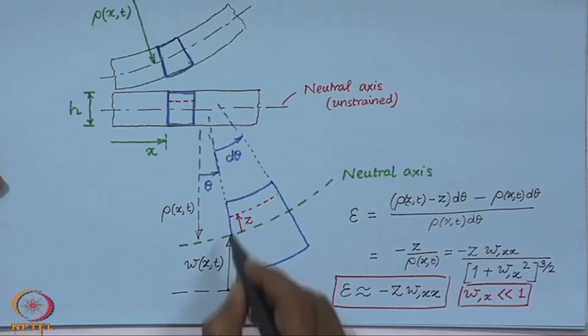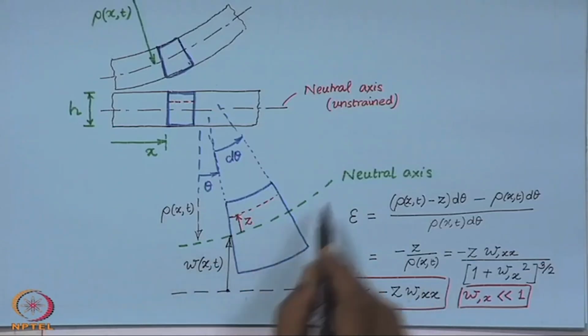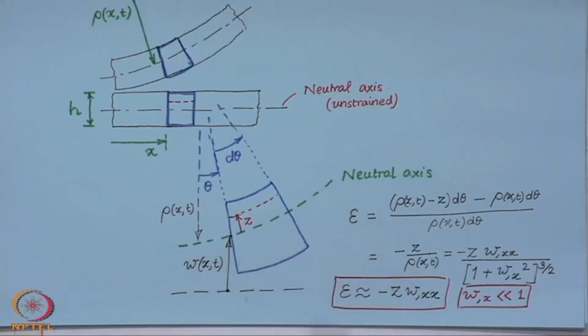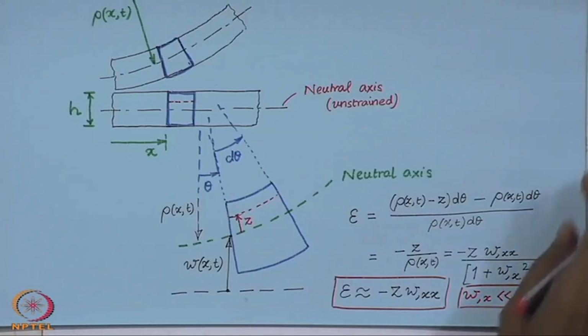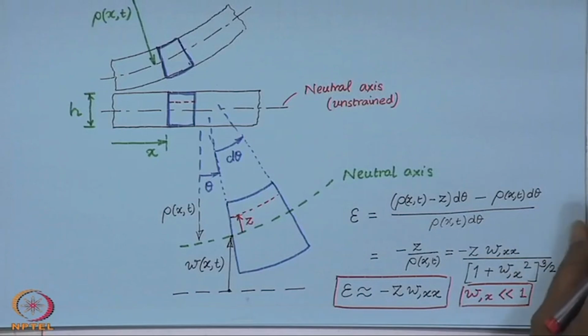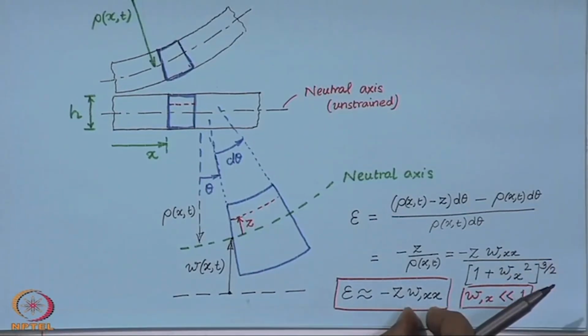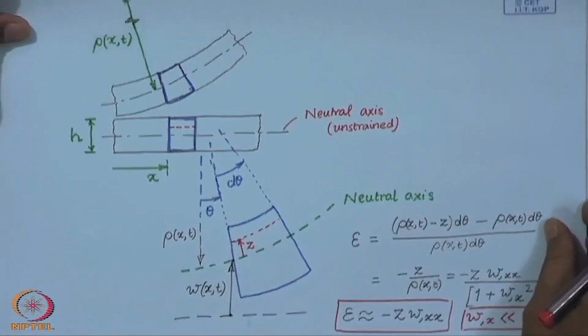Now, this is the strain in this fiber at a height z measured from the neutral axis, and thus we have the strain in terms of the deflection of the neutral axis, which is what we are going to track when we represent the deflection of the beam. So, the deflection of the beam will be represented in terms of the deflection of its neutral axis.